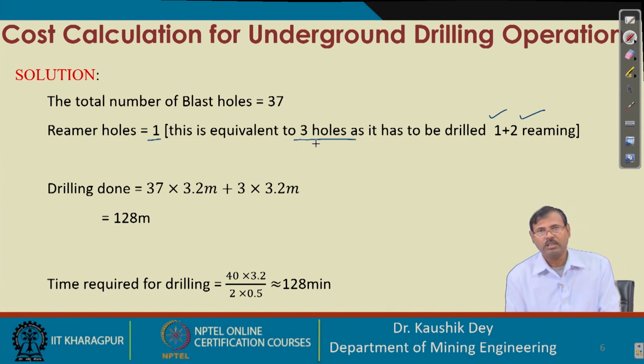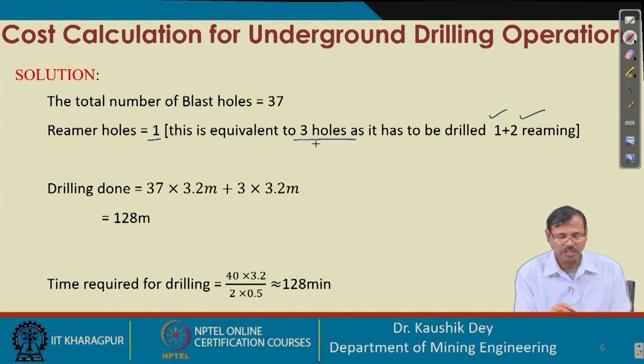So instead of 37 holes we have 37 plus 3. Actually this reamer hole is equivalent to 3 holes, so basically we are carrying out drilling of 40 holes.